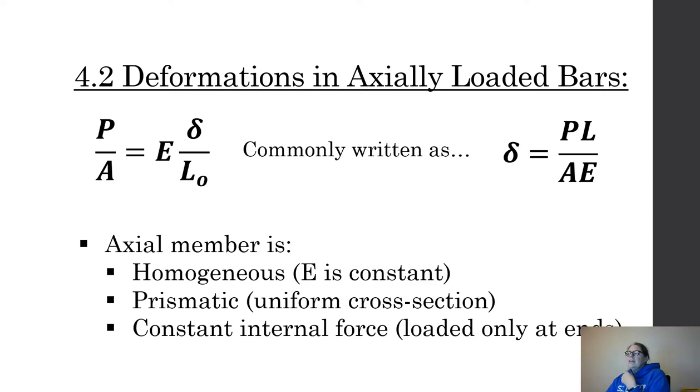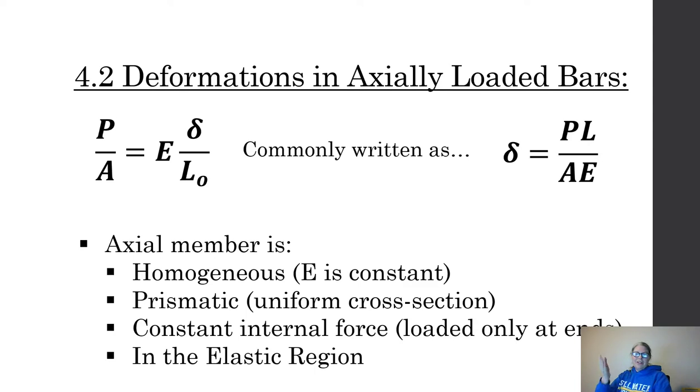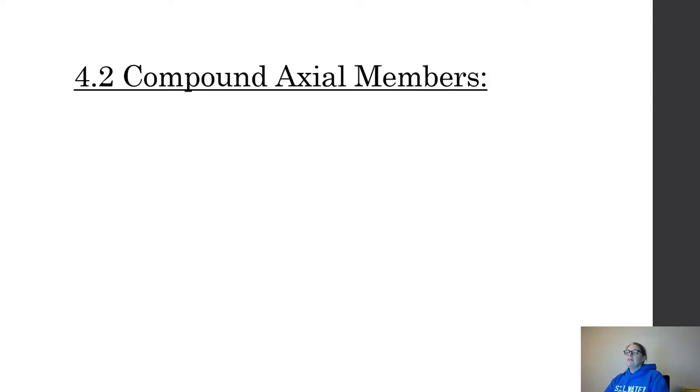It has a constant internal force. It's just loaded at both ends. 5 kips, 5 kips. So internal is going to be 5 kips in tension. And super important, we are in the elastic region because E, remember, is the slope of the elastic region of the stress-strain relationship. So we have to remember to always, always be checking.